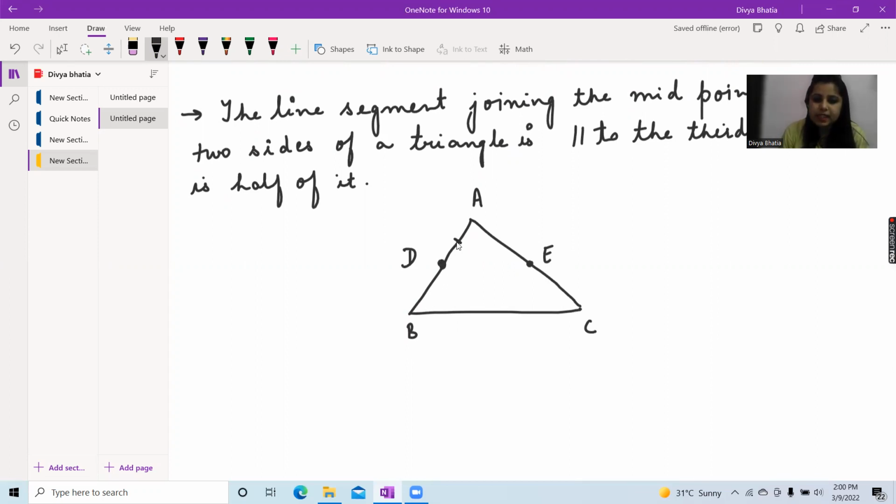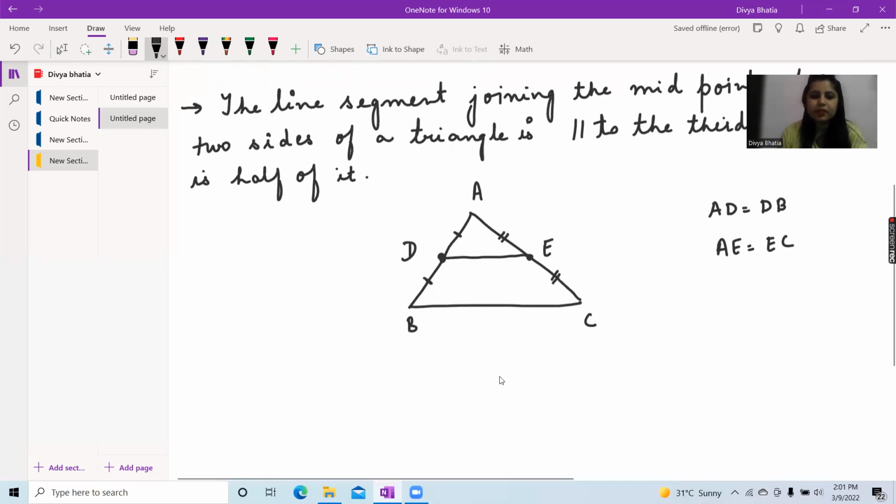So that means this length and this length are going to be equal. So AD is equal to DB, right? And with the same logic, AE will be equal to EC. And we are talking about this line DE joining the midpoints, right?